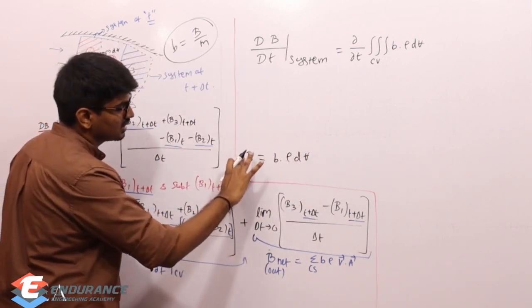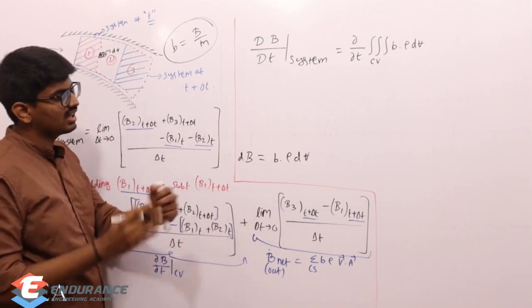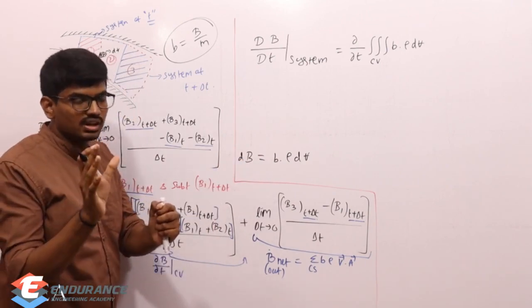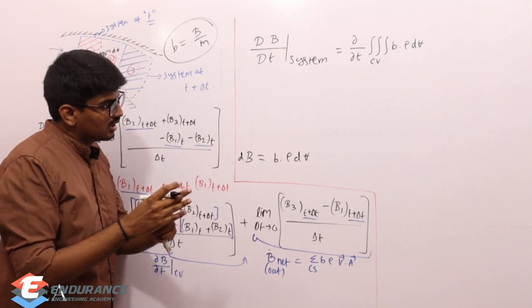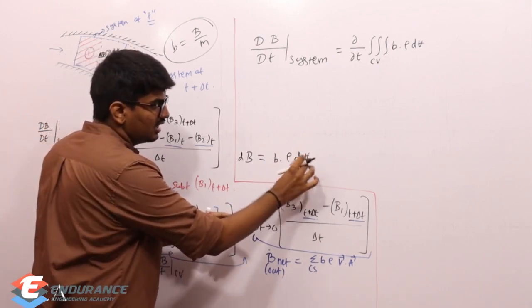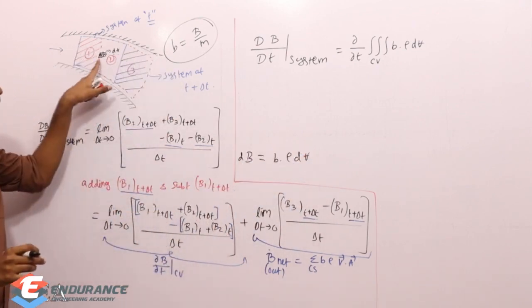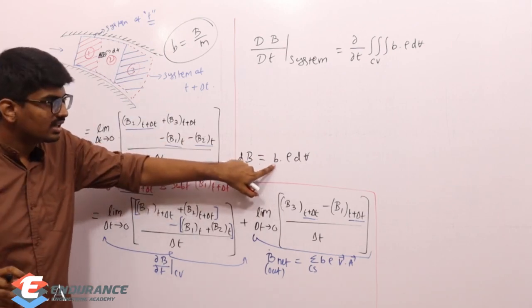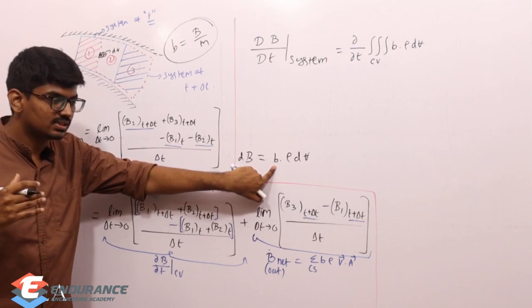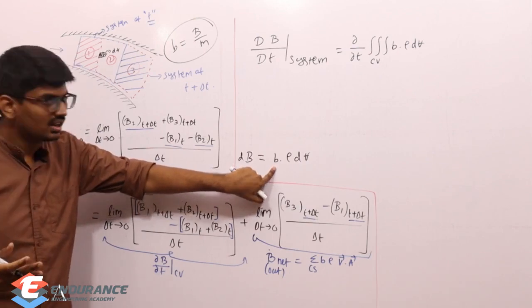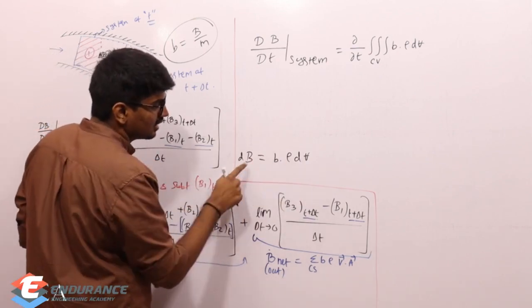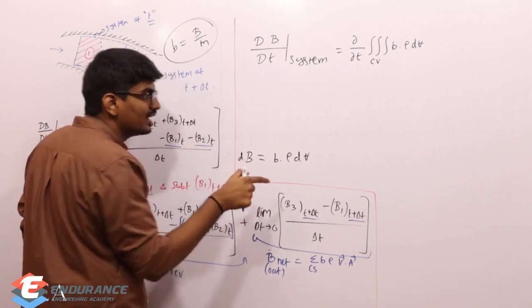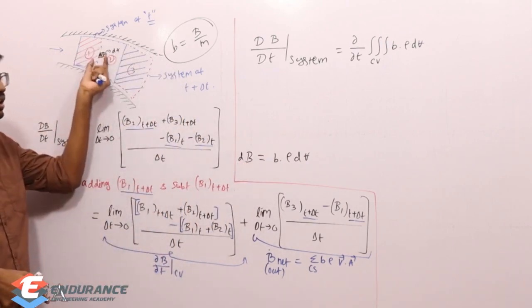What is this dB indicating? dB indicates the small property. Or else I will repeat it again. dV is nothing but this small volume. If I multiply with the density, I will get the small mass. If I multiply with the specific property, I will get the property B corresponding to this small volume.